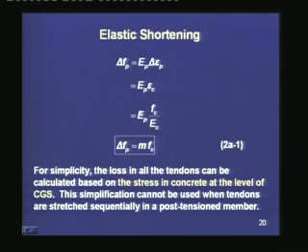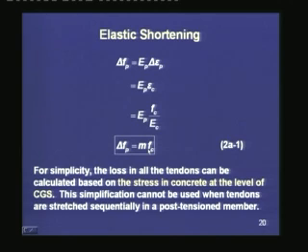The ratio of the two elastic moduli, of the prestressing steel and the concrete, is denoted as the modular ratio m. Hence, the basic equation to calculate the loss in prestress due to elastic shortening is equal to the modular ratio times the stress in the concrete at the level of the tendon.